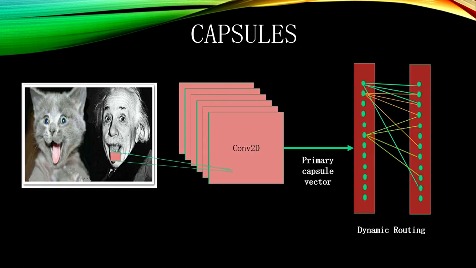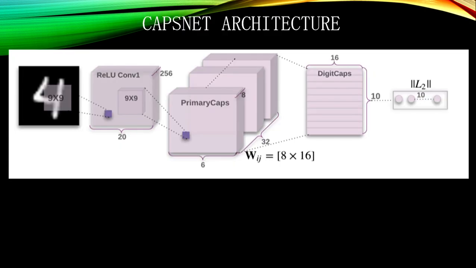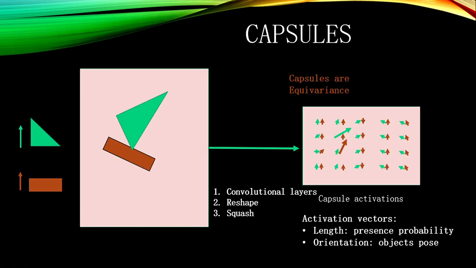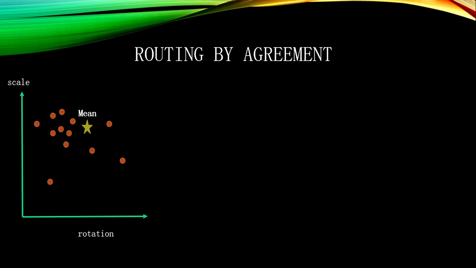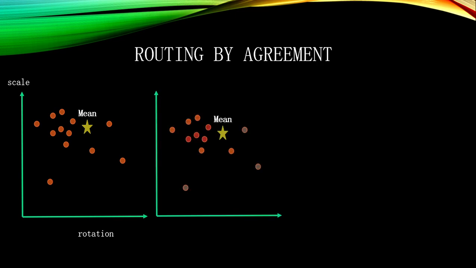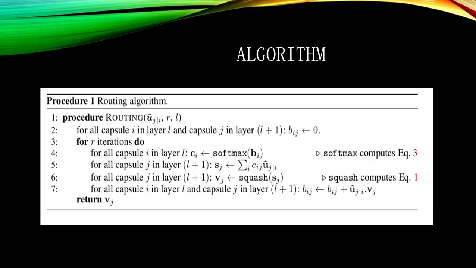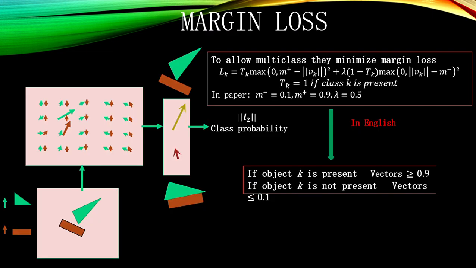And these are the capsules, which can be primary capsule vectors, and dynamic routing can be done. This is the convolutional layer, reshape, squash, activation vector length as presence probability, orientation as object pose, routing by agreement, rotation, mean, and this is the algorithm used in routing.